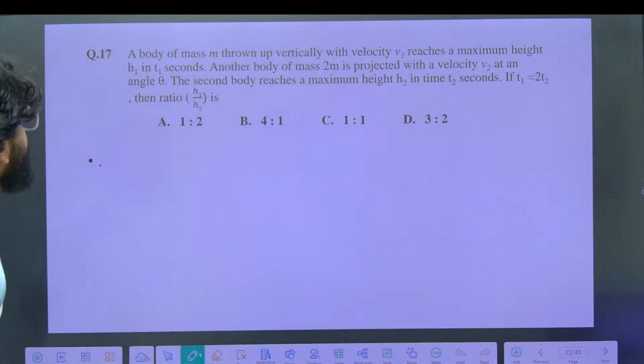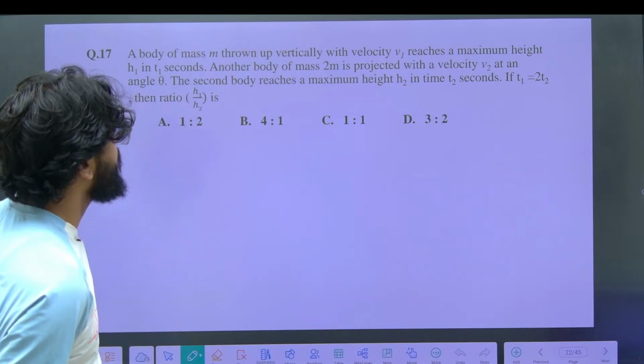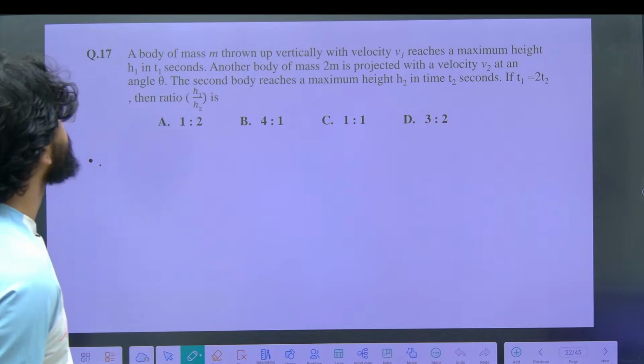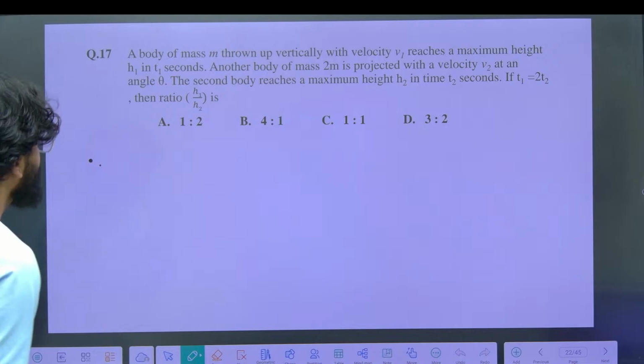Question number 17. A body of mass m thrown up vertically with velocity v1 reaches a maximum height h1 in t1 seconds. Another body of mass 2m is projected with v2 at an angle theta. The second body reaches the height h2 in t2 seconds. If t1 equals t2, then is h1 equal to h2?